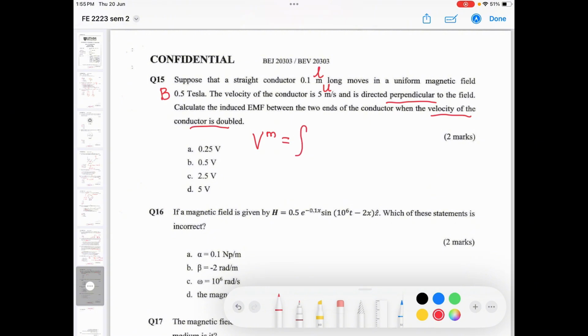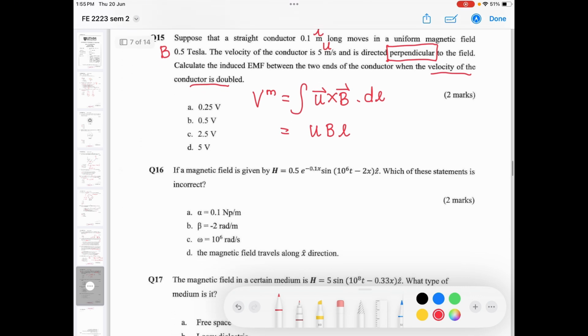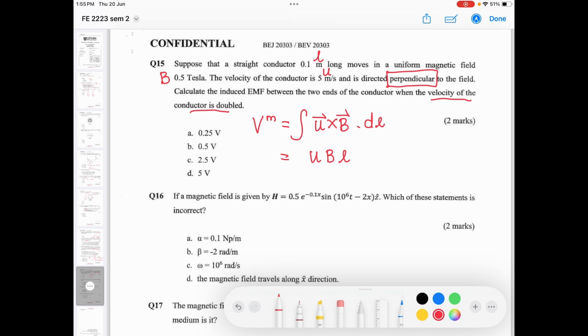So this one is a motional EMF. Okay, so for motional EMF, the formula will be this one. We will have u, and also B, and also L. Because u and B are perpendicular, the cross product between them will be 1.